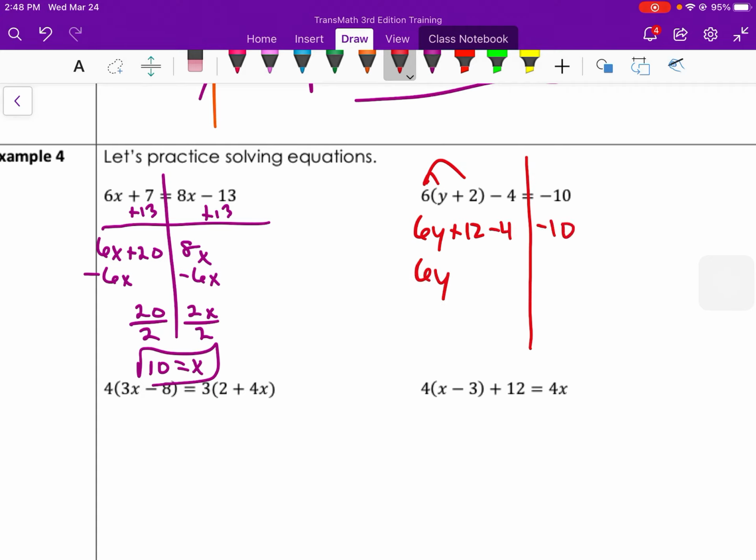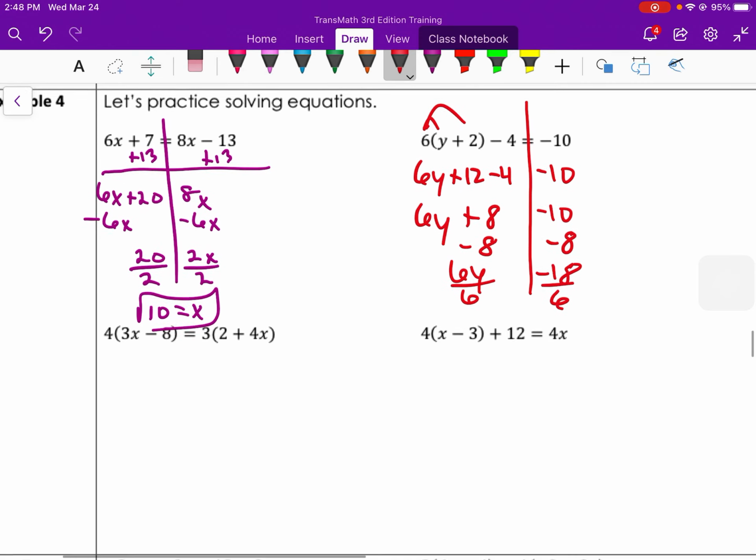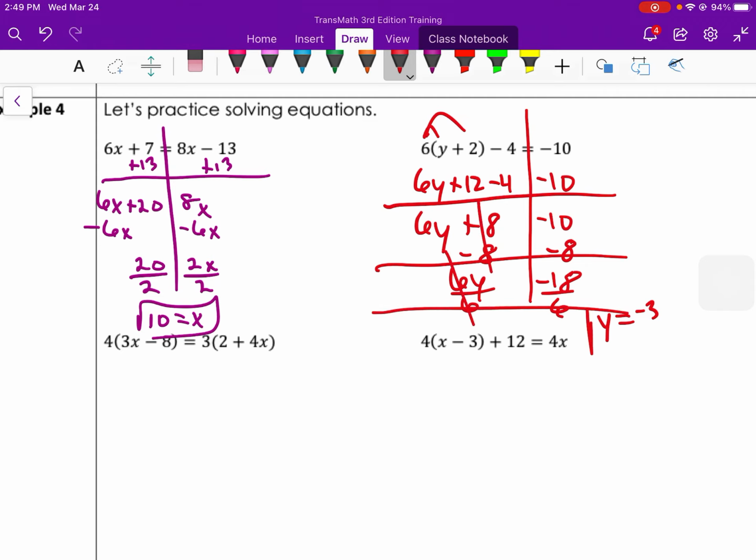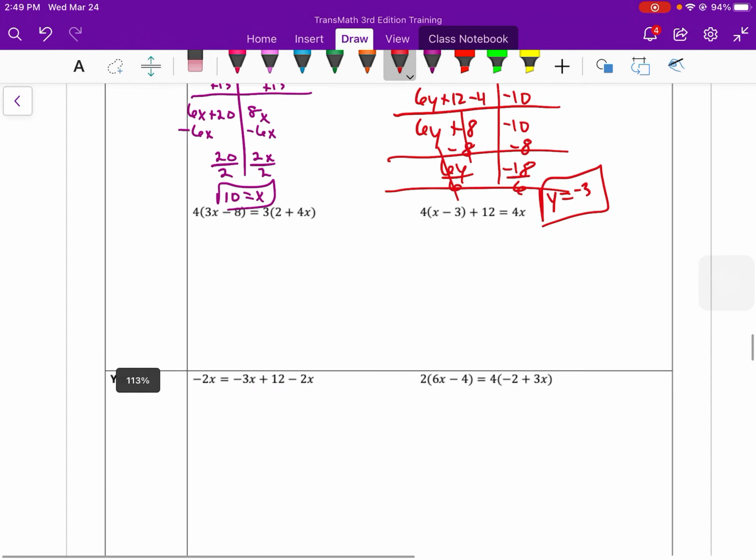Then I would combine like terms. 12 minus 4 is 8. Now I would subtract 8 from both sides. 6y equals negative 18. We're solving for y, so I would divide both sides by 6. So then y equals negative 3. Again, I could have staggered my steps a little bit here and shown clearly and ended up with y equals negative 3.